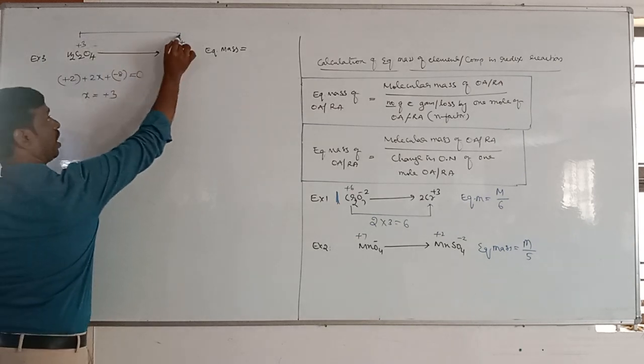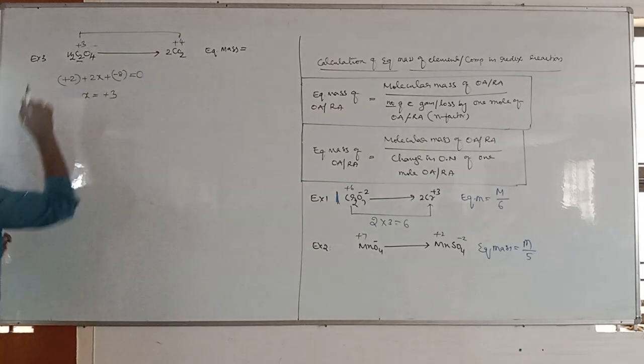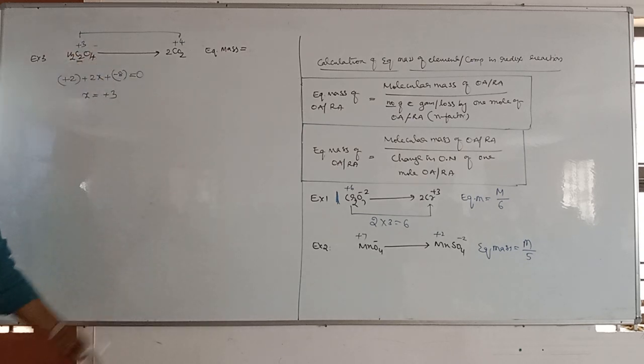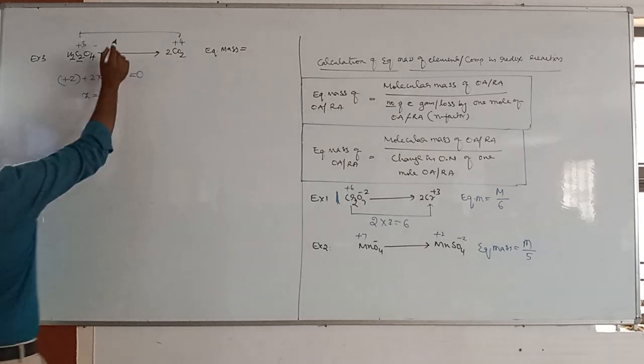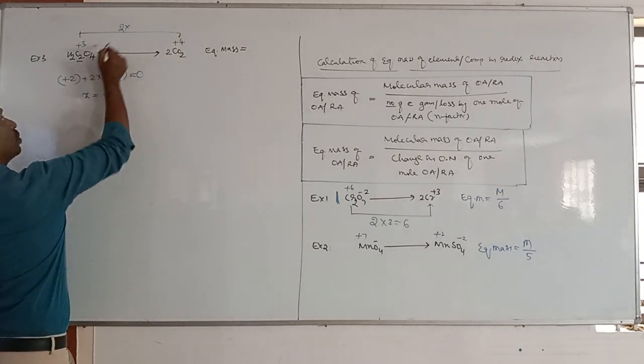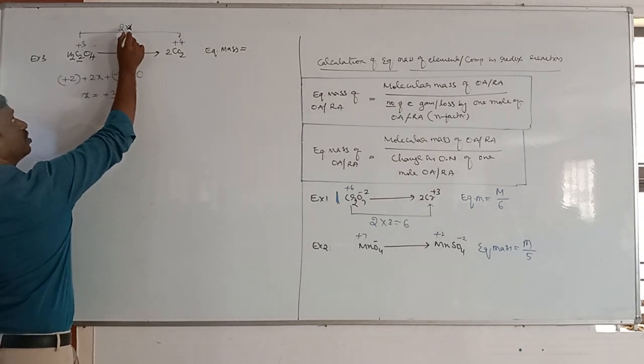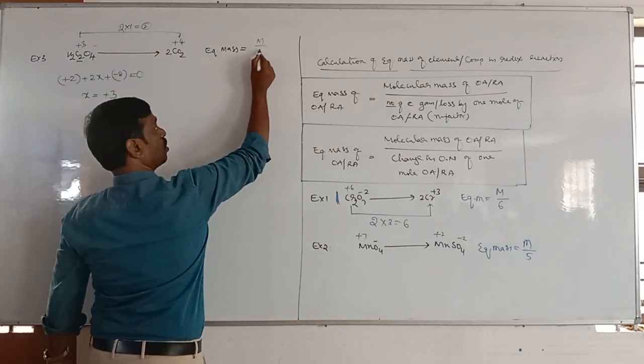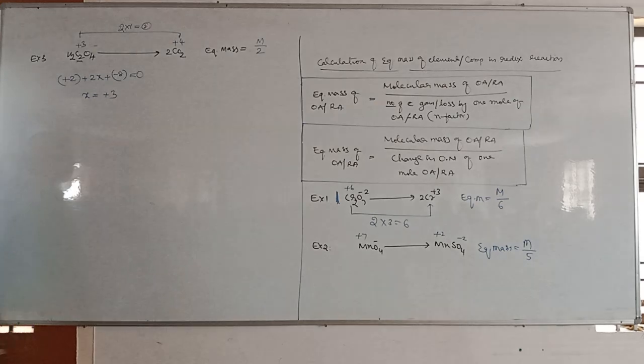There are 2 carbon atoms, no? 1 carbon atom loses 1 electron, plus 3 to plus 4, loss of 1 electron. Therefore, there are 2 carbon atoms, 2 into 1, that is 2. Therefore, equivalent mass is equal to molecular mass by 2. When electrons are not given, this is the method to calculate equivalent mass.